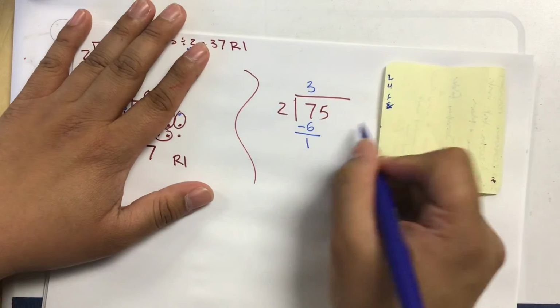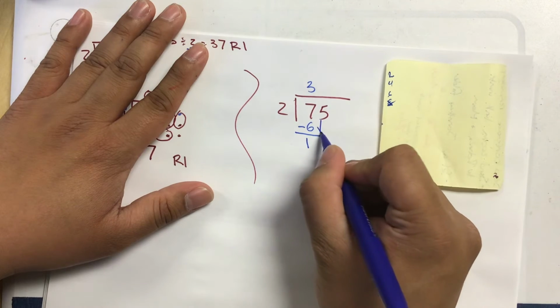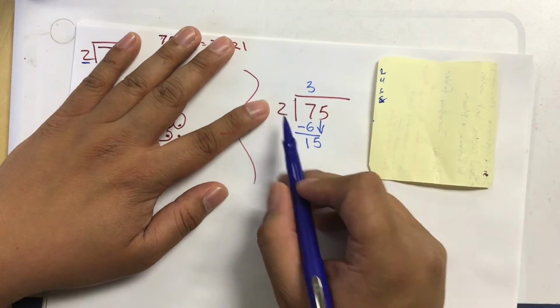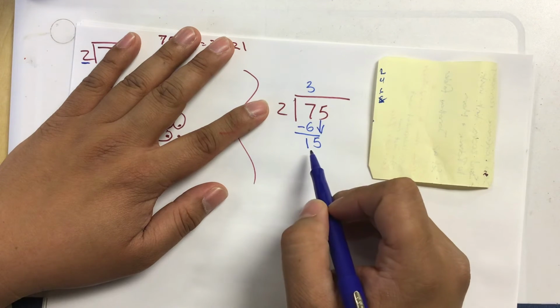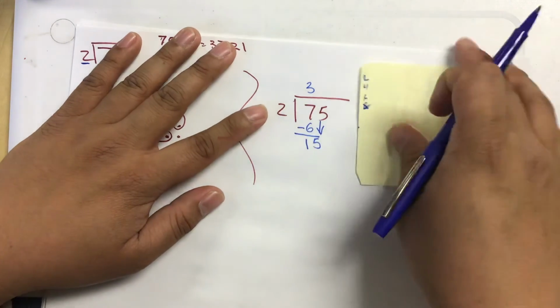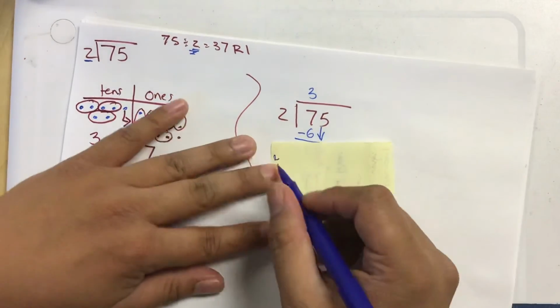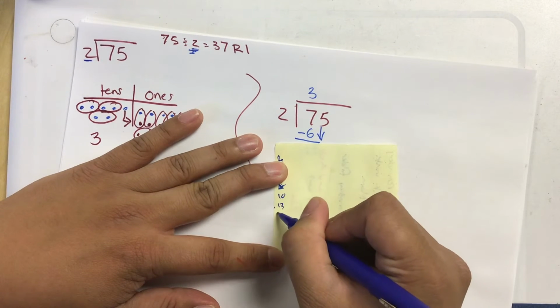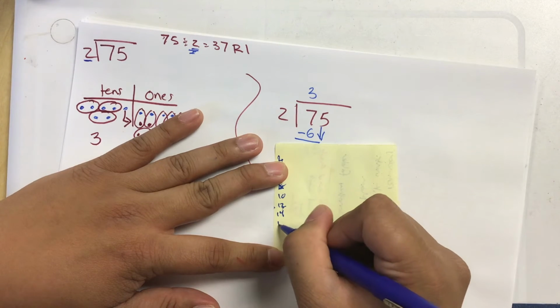And then now I move my sticky note aside. I bring down the 5. And then now I need to see how many times can I count by 2 to get to 15, or how many times can I divide 15 into groups of 2. Well, if I continue from my 2s, I go 2, 4, 6, 8, 10, 12, 14, 16.